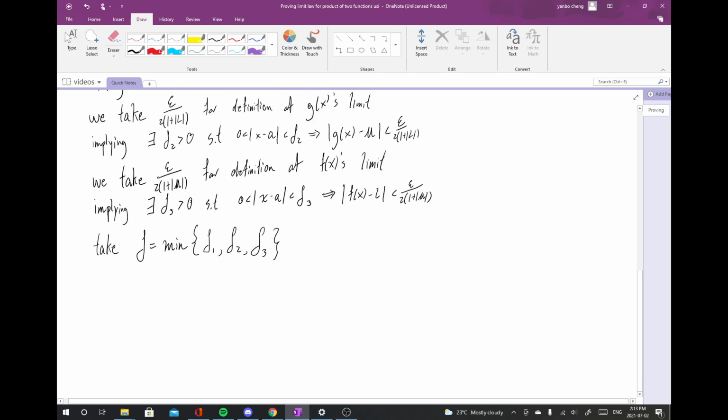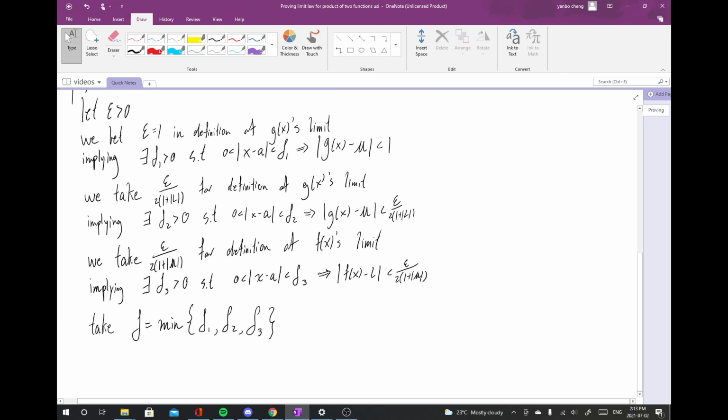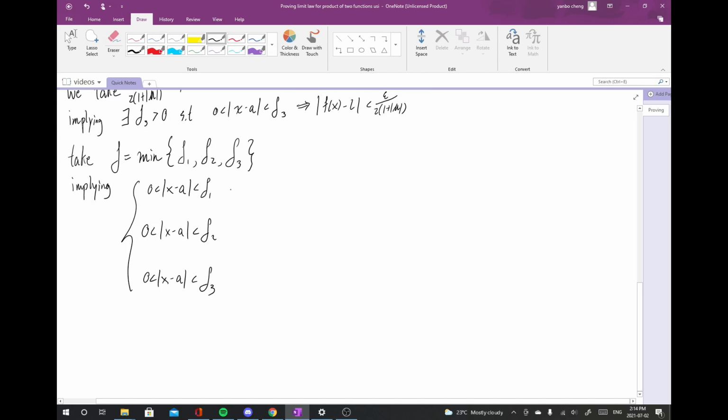This way, we know that delta is smaller than all of these three, and that each of these statements that we wrote will be true. And since these are true, that means the implied statement also is true.